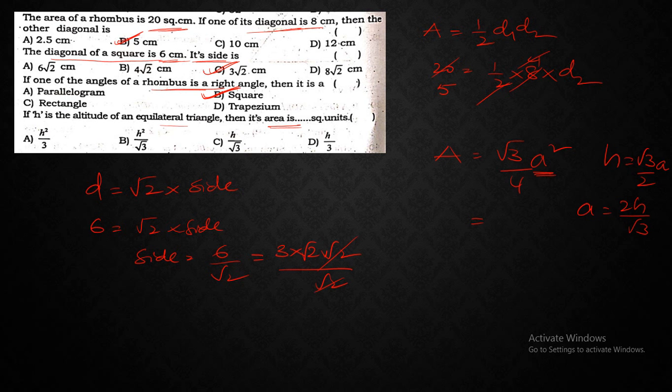So when I replace a with 2h by root 3, then what am I going to get? Root 3 by 4 into 4h square by 3. Right. So 4 I can cancel out. The root 3 in the 3 cancels root 3 times. So answer is h square by root 3. So whenever height is given, then you can directly find the area of the equilateral triangle using the formula h square by root 3.